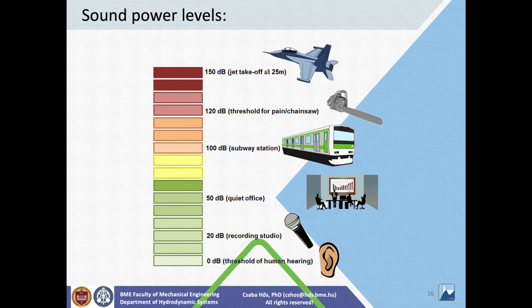An airplane jet takeoff from 25 meters will be 150 decibels. The pain threshold is somewhere here. And also somewhere here you have to think about using some kind of protection. There are regulations on ear protection, what I mean.